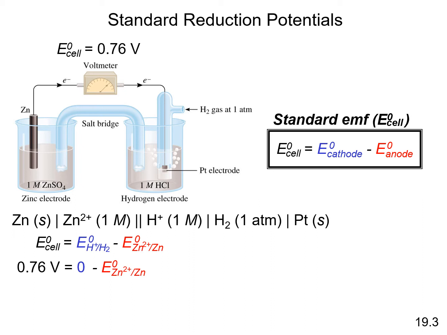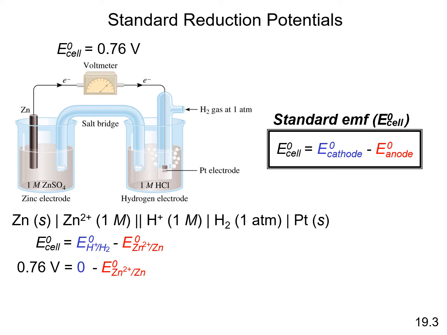So when you reverse it, that will be the oxidation, so the sign will be changed. So when we reverse the reduction equation, we just make the potential of the anode negative.